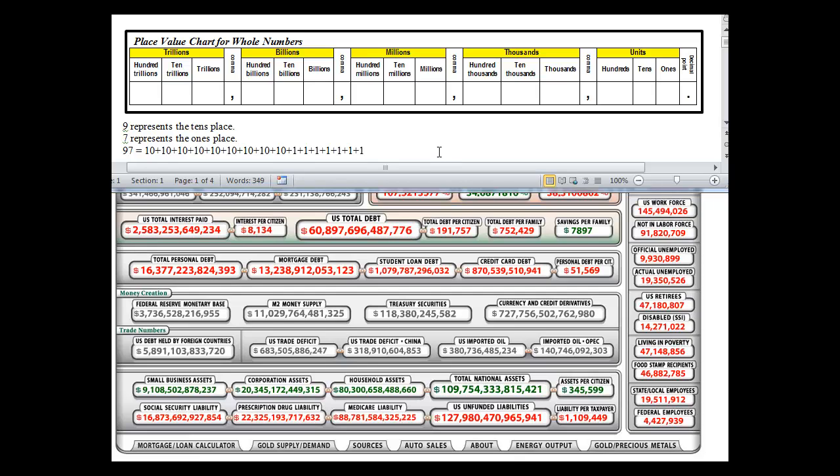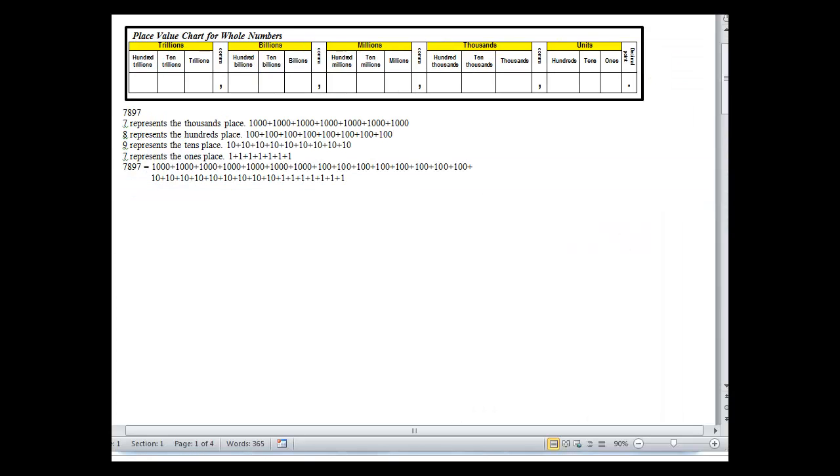All right, so that's what it's talking about when it's talking about the place value and the face value of the base 10 system. All right, using our same example, 7,897, let's look at the 8. The 8 falls under the hundreds place. So what that means is there are 8 hundreds.